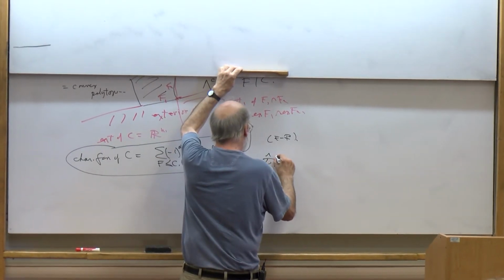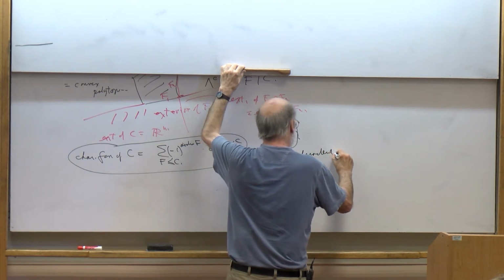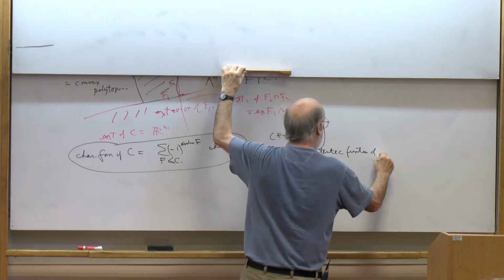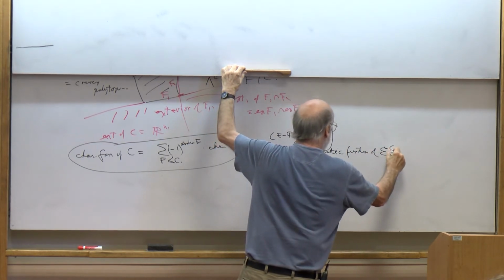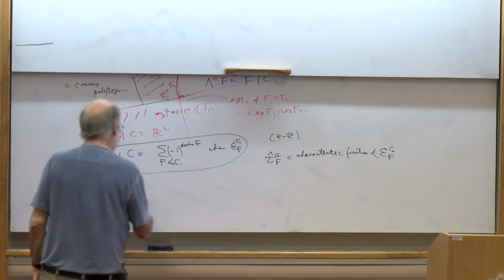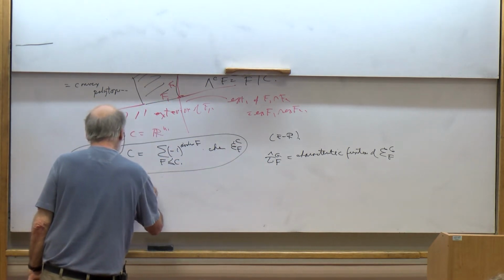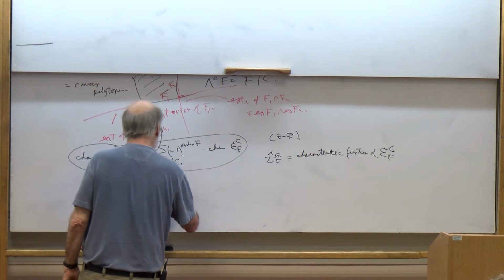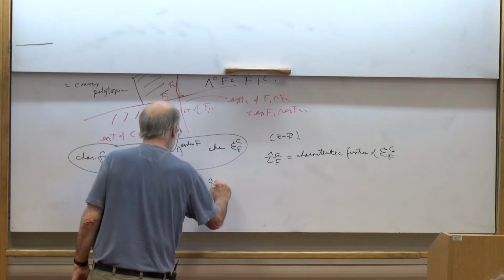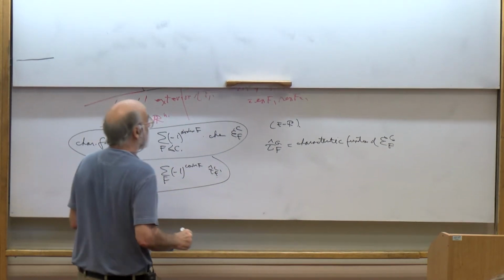So tau hat F of C equals the characteristic function of the exterior of F with respect to C. And so what this is saying is char C equals the sum over F of (-1)^codim of F times tau hat F of C. Just another way of rephrasing the same thing.